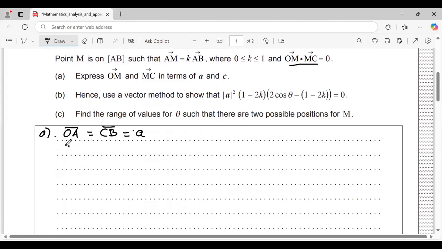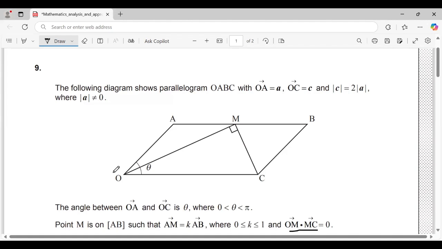Vector OC equals vector AB, it is C. Vector AM, sorry, I mean AM.